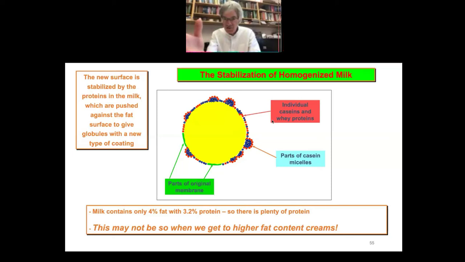The heating causes more absorption of the whey protein as they unfold and stabilize and interact to some extent with the casein micelles. So this is how we stabilize our homogenized milk. With 3.2% protein in a 4% fat emulsion, we have plenty of protein to stabilize the surface. But just remember that thought when I get to speaking about creams.